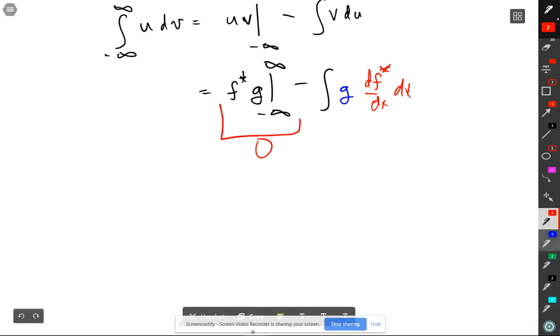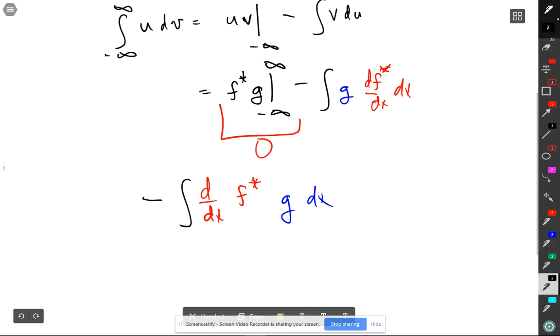So what I'm left with is minus integral d dx of f star. I better put that derivative is only of f star. I'm going to bring that minus sign inside right there. Why did I do that?